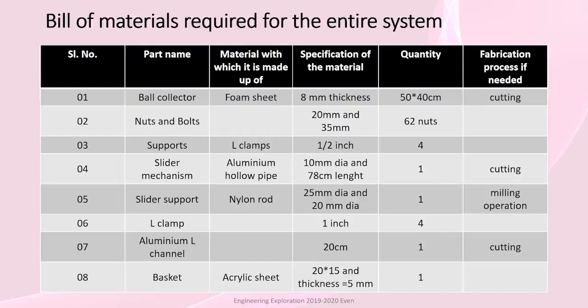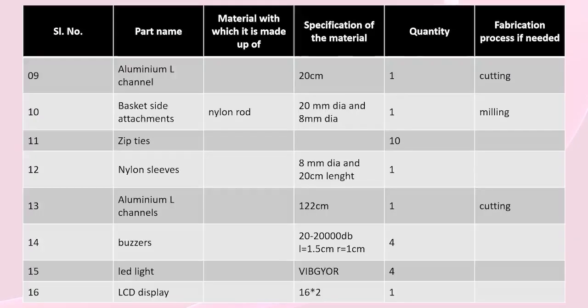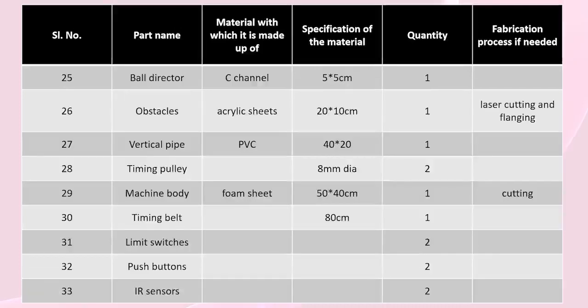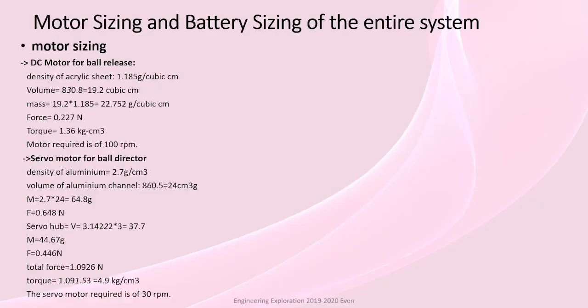Similarly, support, slider mechanism, slider support, L clamp, aluminum channels, basket side attachment, zip ties, nylon sleeves, aluminum L channels, buzzers, LED light, LCD display, DC motor, servo, Arduino Mega 2560, jumper wires, balls, breadboard, servo hub, ball release controller plate, ball director, obstacles, vertical pipe, timing pulley, machine body, timing belt, limit switches, push buttons, IR sensors. These were all the components.